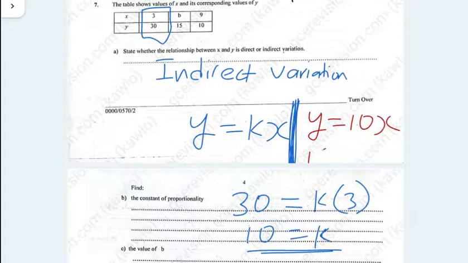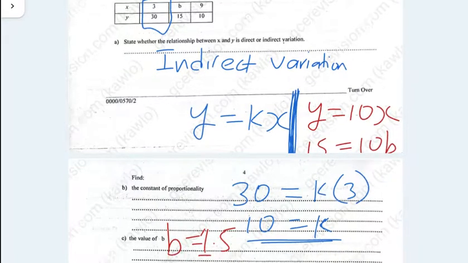So we'll just say 15 is equal to 10b. I'll divide both sides by 10, and b will be equal to 1.5. That's how we get the constant of proportionality.